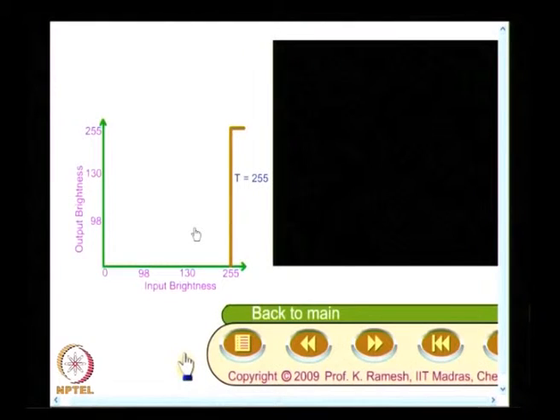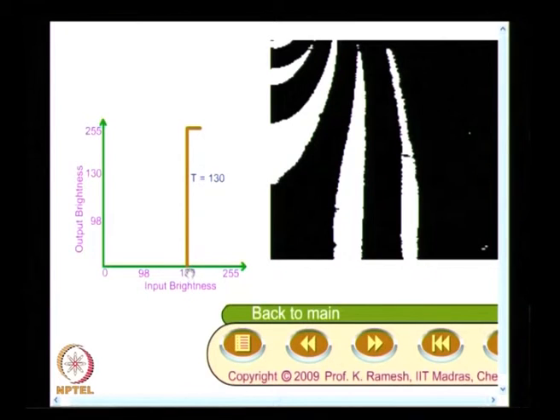Because photoelastic images have high contrast, you are in a position to apply a very simple image processing approach called thresholding to identify fringe areas. I will apply different thresholds. I put the threshold now as 130.